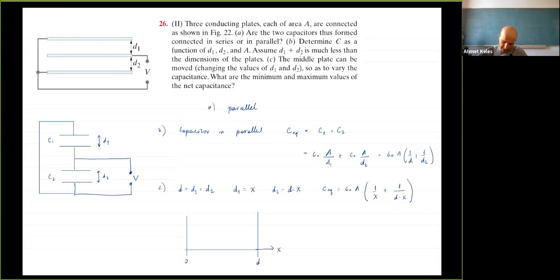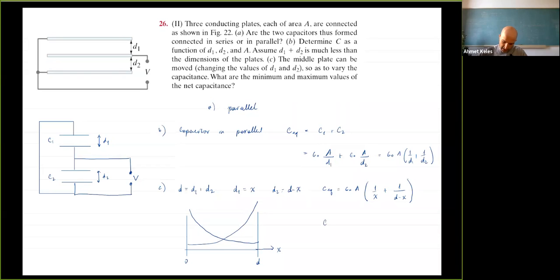So X changes between 0 and D, which is D1 plus D2. So if X goes to 0, this thing blows up because 1 over 0 is infinity. So I have something like this. And if X goes to D, the second guy blows up. So I have something inverted, something like that, right?